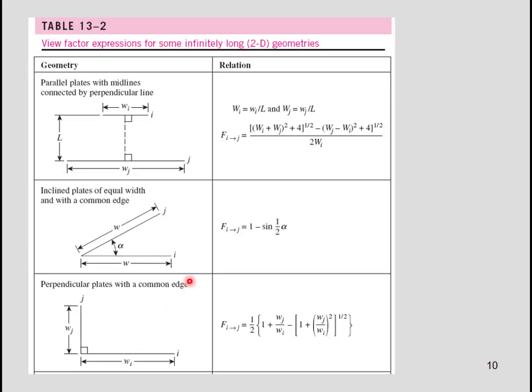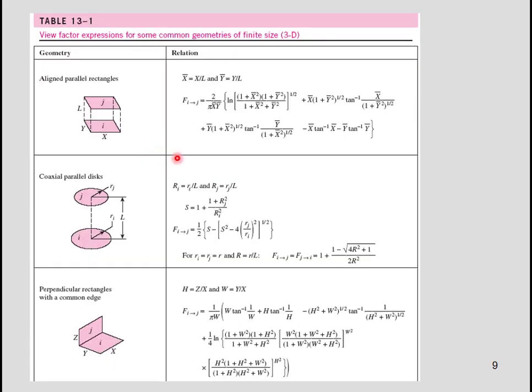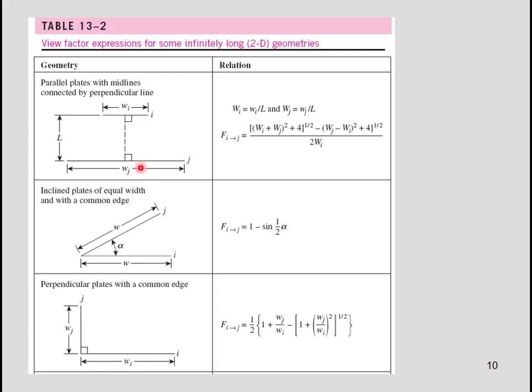And so on. We have this equation for 2D geometries. This one is for 3D geometries actually. This table is for the view factor expressions for some infinitely long 2D geometries.